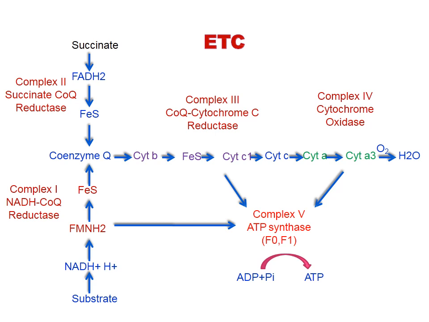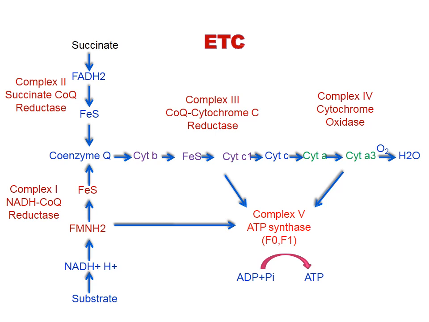Complex 4 is cytochrome oxidase, which consists of cytochrome A, cytochrome A3. The electrons from this complex 4 will combine with oxygen and will form water. Okay, this is how the electron is flowing through complexes 1, 3, 4.